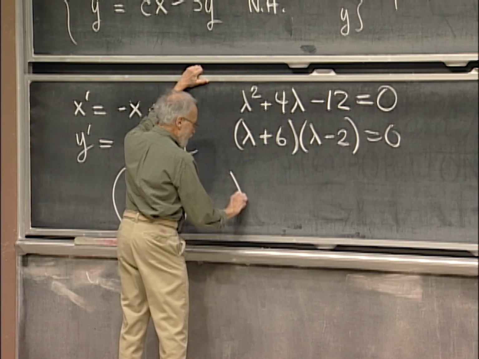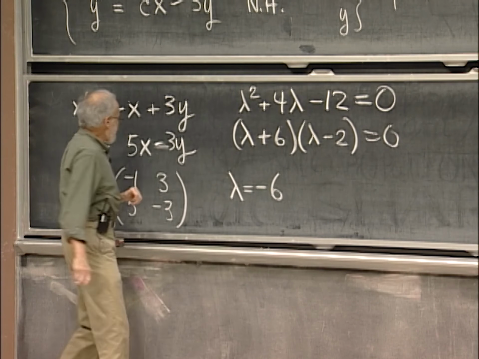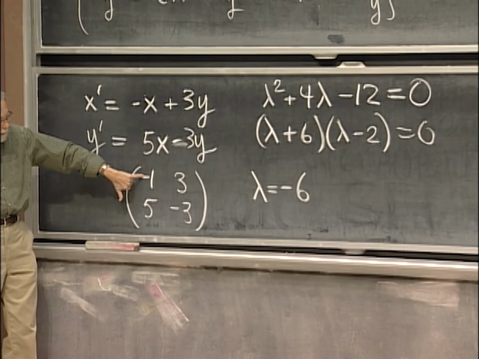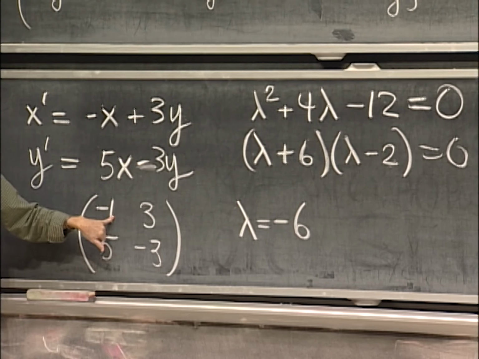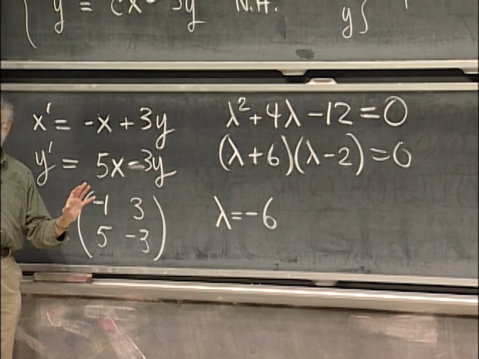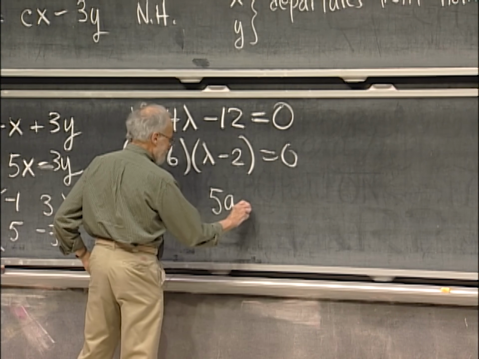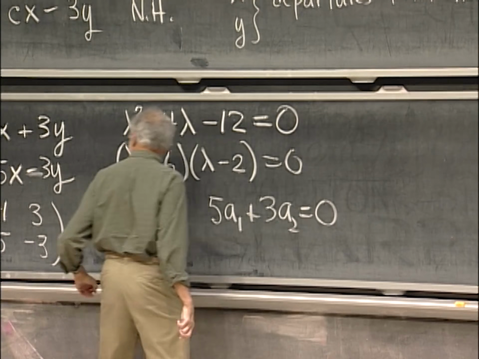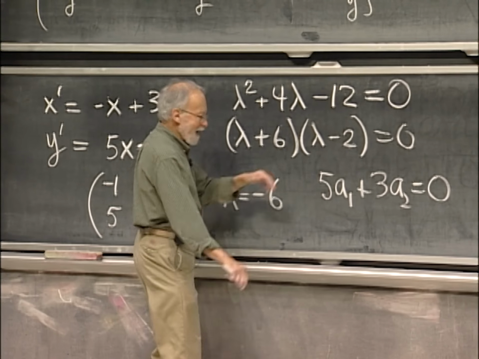So, what do we got? Well, first of all, we have our eigenvalue lambda -6, and the eigenvector that goes with that: -1 minus -6 makes, shut your eyes, 5. So we get 5a1 plus 3a2 is 0. And the other equation, I hope it comes out to be something similar. I didn't check.